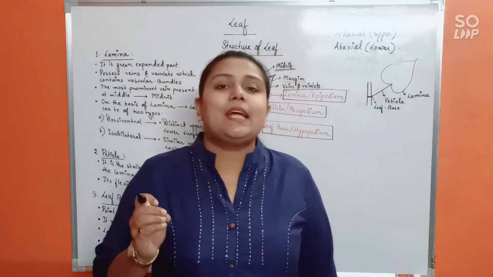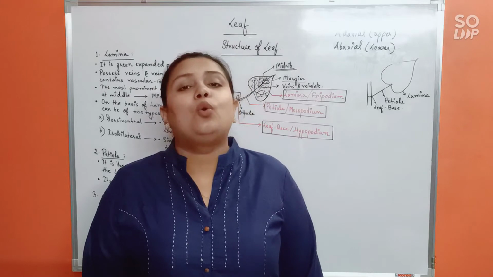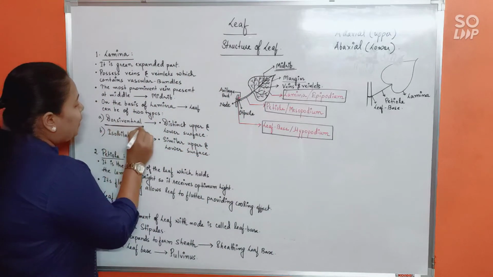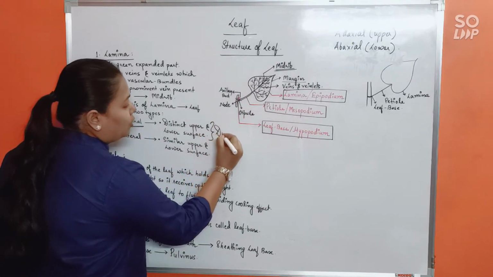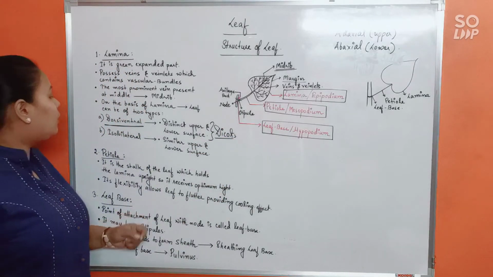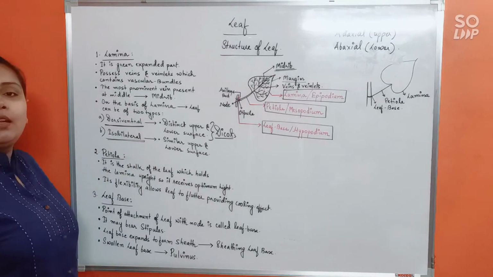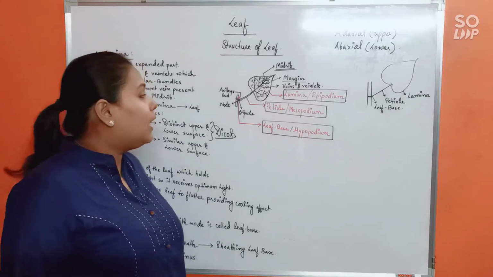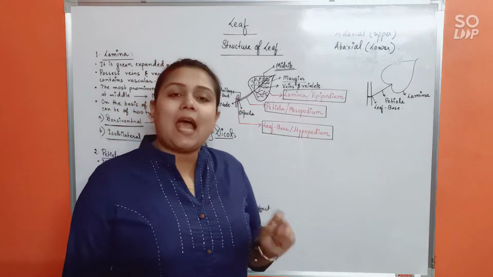So in that case, such a leaf where the upper and lower surfaces of the lamina are dissimilar, we call it a dorsiventral leaf. It is mostly found in the dicots. Alright. Now, coming to the other type of leaf, the isobilateral leaf. In an isobilateral leaf, the upper and the lower surfaces of the lamina are exactly similar.